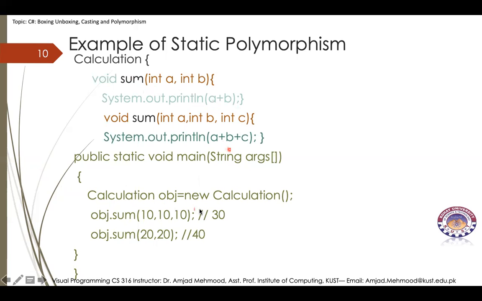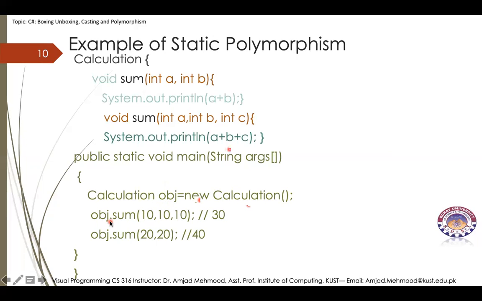Here you can see that first we define an object, like we have obj. The object will be created through the default constructor, and it will be assigned to this object. Then what we are doing is binding.